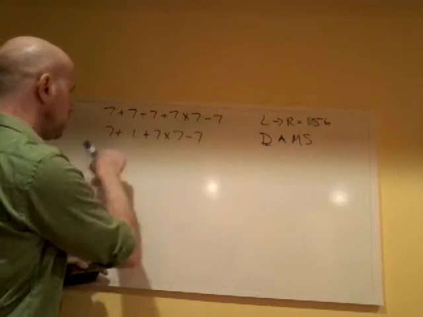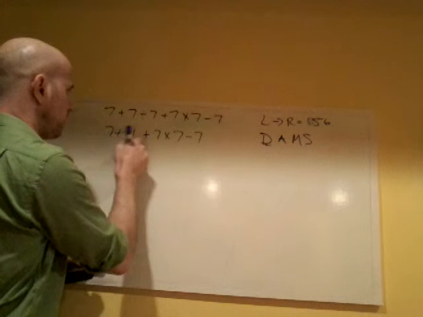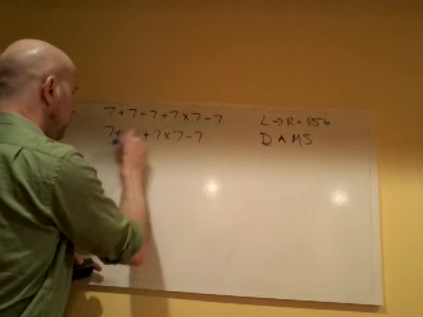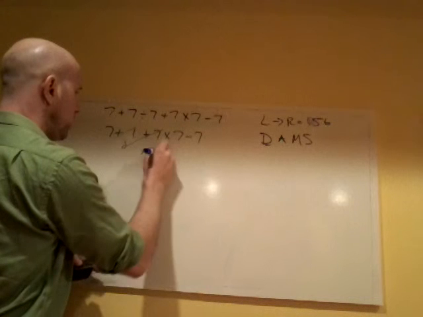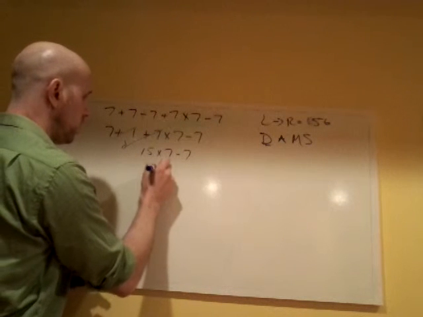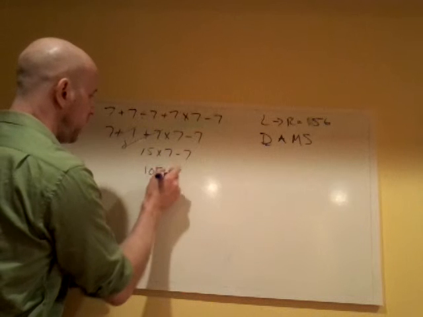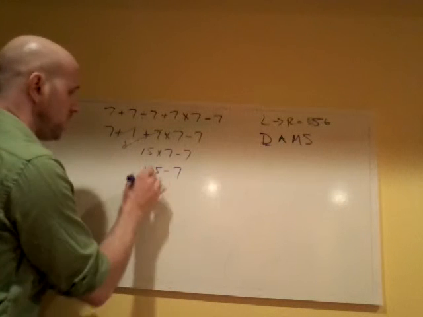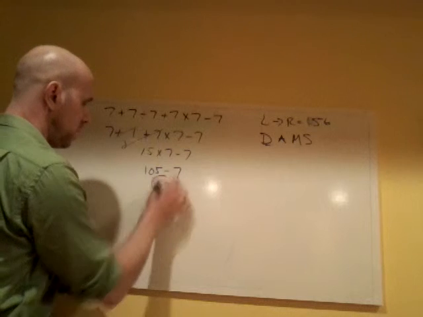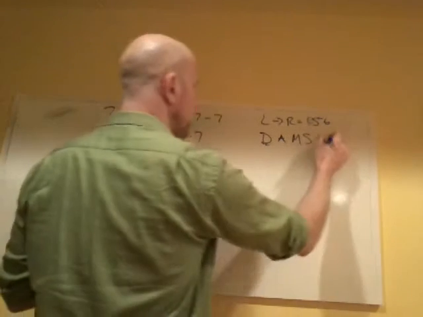Addition. 7 plus 1 is 8 plus 7 is 15 times 7 minus 7. 15 times 7 is 105 minus 7. Or, this is 98. Okay?